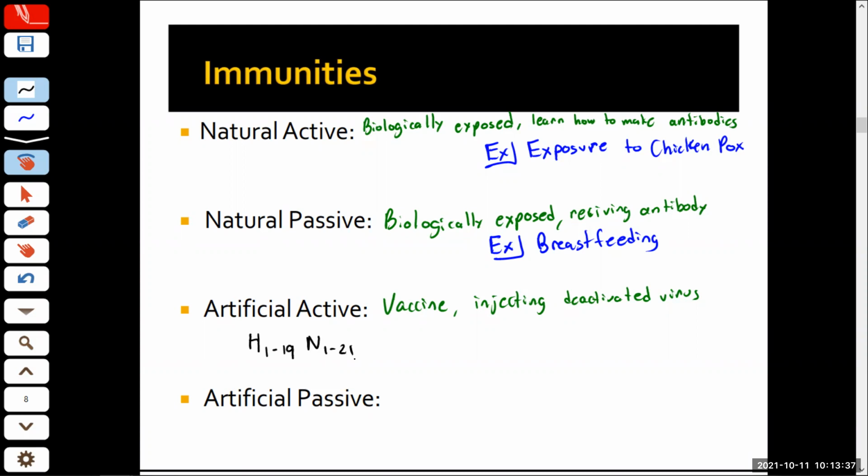We've discovered 19, I think, different H's, 21 different N's. And the flu can be any combination, H2N7, H7N1, okay? How a vaccine works is we find the virus and it has its antigens, that fingerprint.